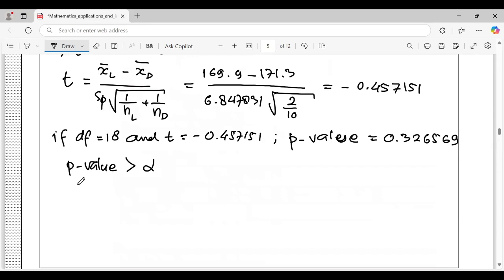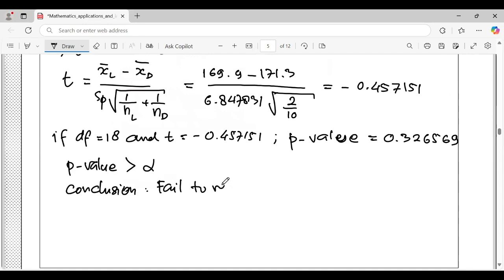So we can state the conclusion: fail to reject the null hypothesis.